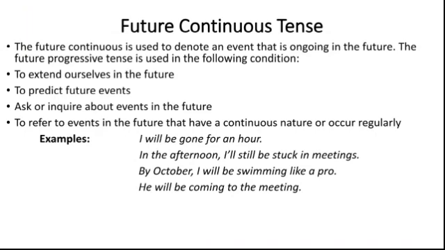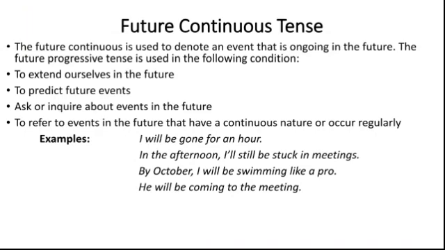This tense is used to extend ourselves in the future, to predict future events, ask or inquire about events in the future, or to refer to an event in the future that have a continuous nature or occur very regularly. Okay, examples: I'll be gone for an hour, or in the afternoon I'll still be stuck in a meeting. So I'm just making a prediction that in the afternoon I'll still be stuck in the meeting.